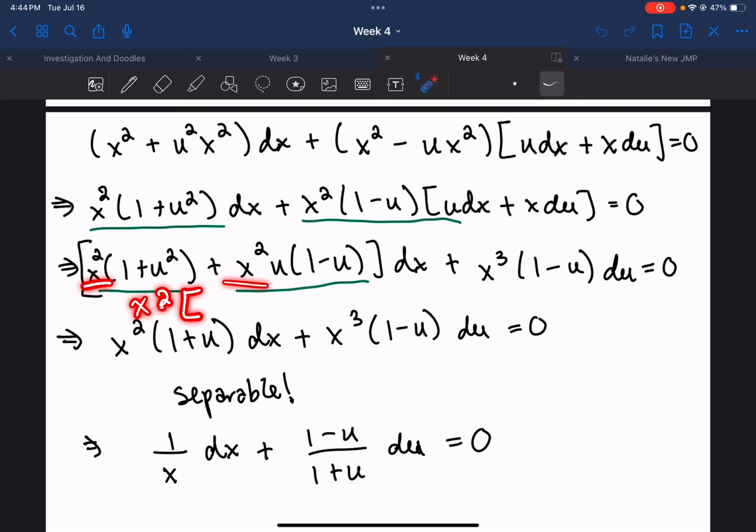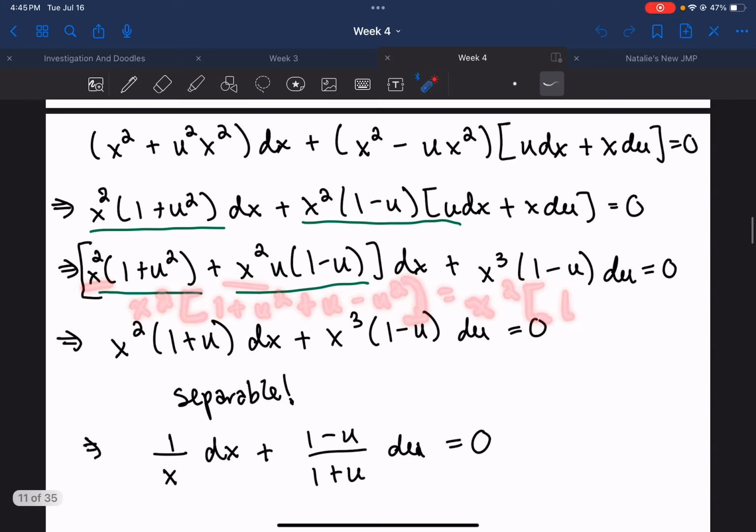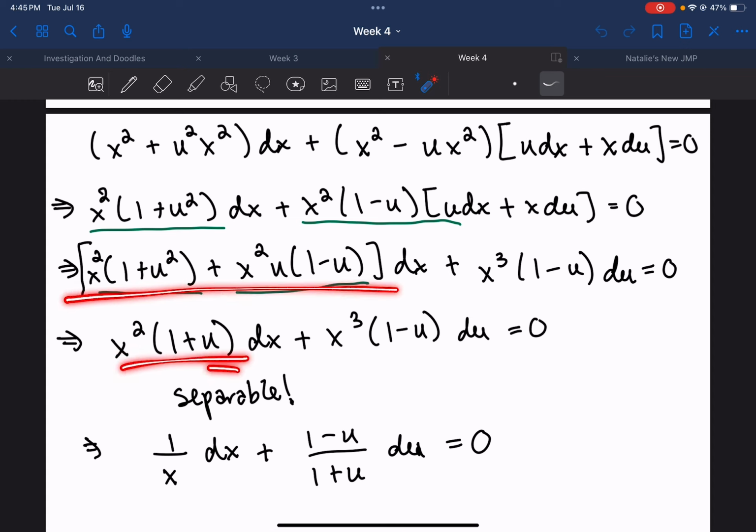I'm left with 1 plus u squared plus u minus u squared, which is equal to x squared times 1 plus u. That's how I got here. This whole term simplifies down to this. And then over here I have x cubed times 1 minus u du.